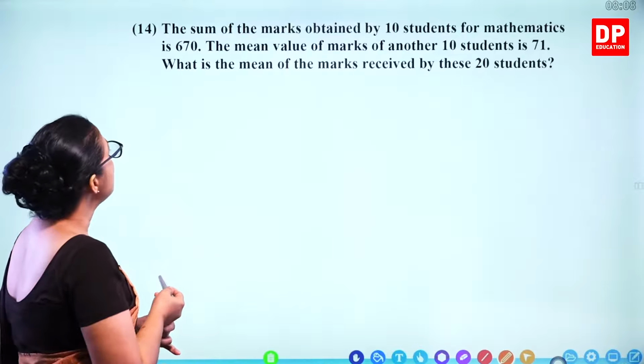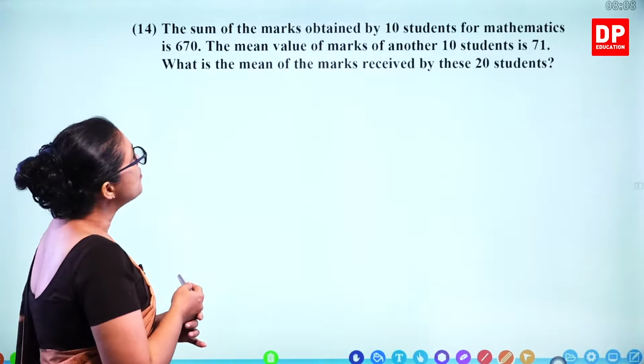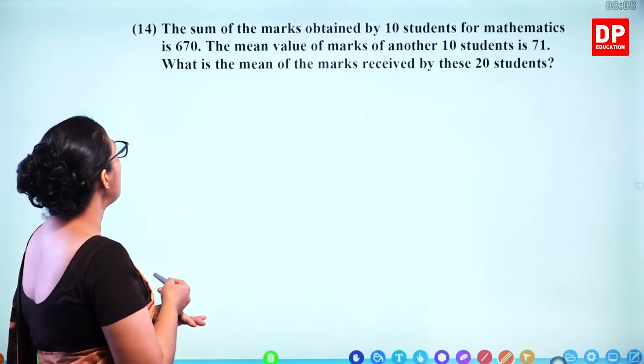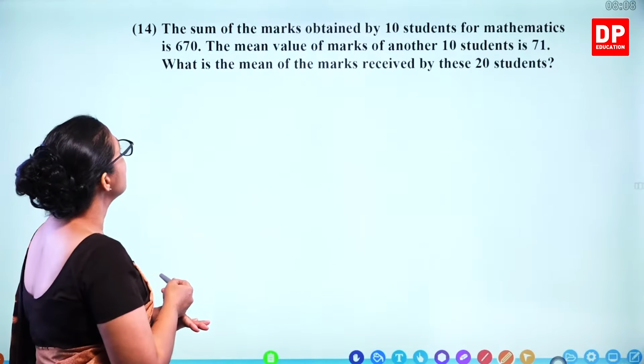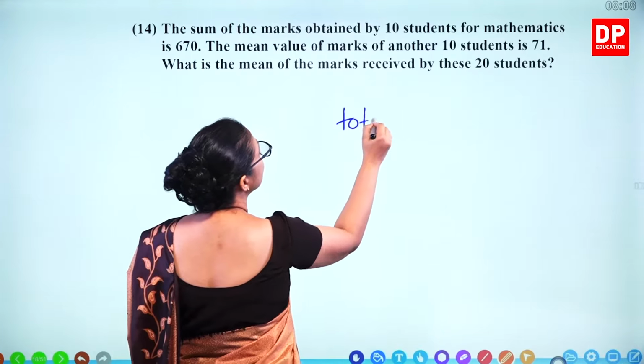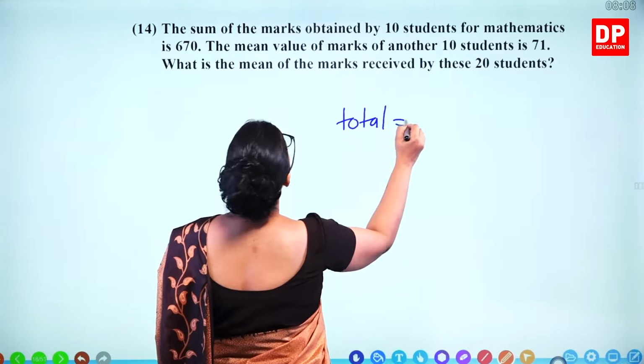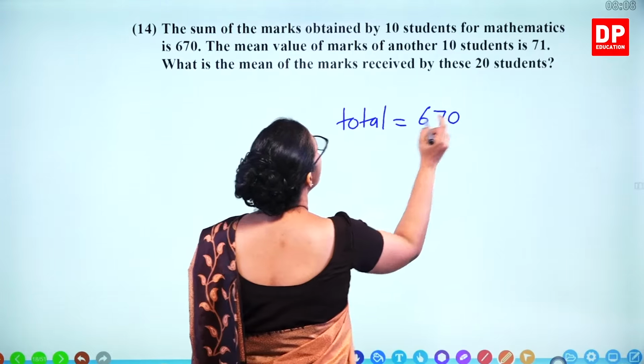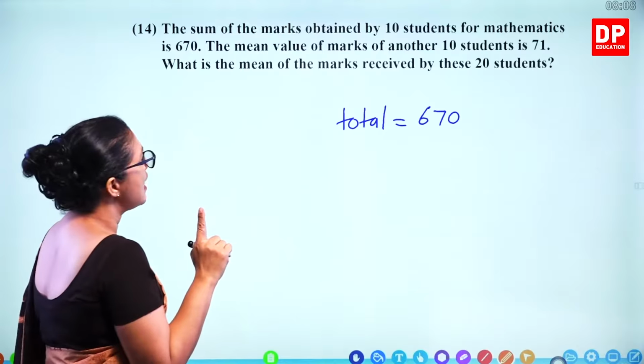Question number 14. The sum of the marks obtained by 10 students for mathematics is 670. So the total is 670 for 10 students.